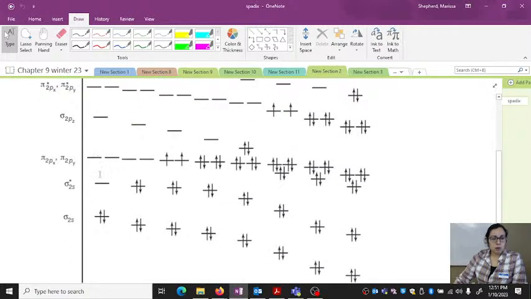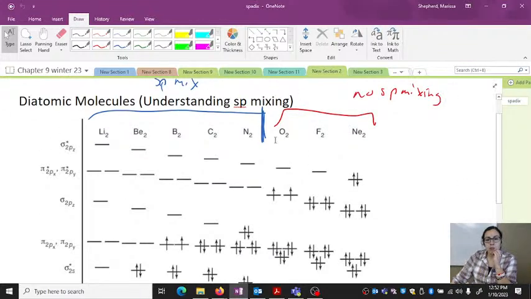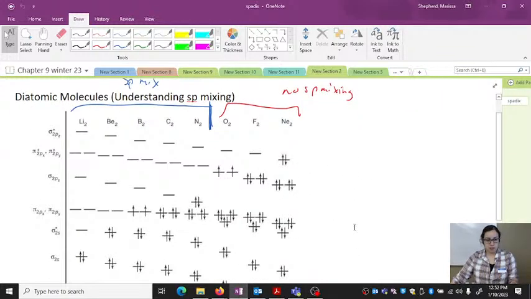This one would probably mix the best, and as you go across, they're farther in energy. If you were doing more precise calculations, you'd be able to see different degrees of SP mixing. But the rule is, once you get from oxygen on, so oxygen, fluorine, and neon, you just assume no SP mixing. And that's all that's showing.